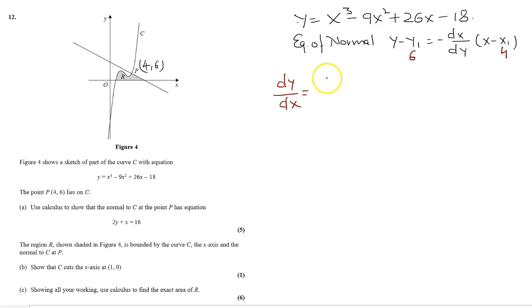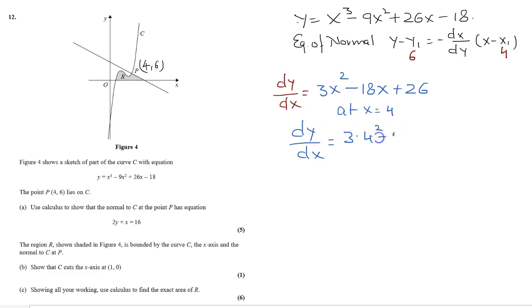So that will be 3x squared minus 18x plus 26. We have to find at this point where x is equal to 4. At x equals 4, dy over dx is 3 times 4 squared minus 18 times 4 plus 26.